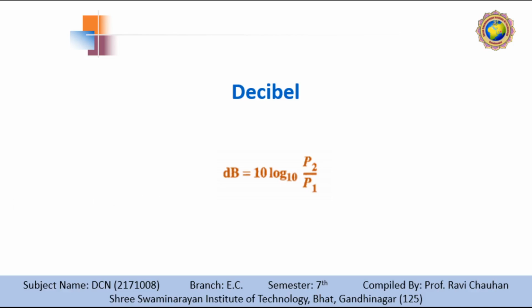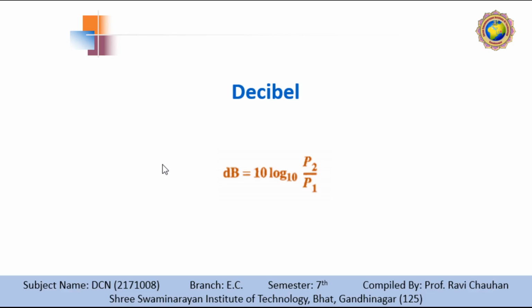Decibel. To show that a signal has lost or gained strength, engineers use a unit called the decibel. The decibel, dB, measures the relative strength of two signals, or of one signal at two different points. Note that the decibel is negative if the signal is attenuated and positive if the signal is amplified.